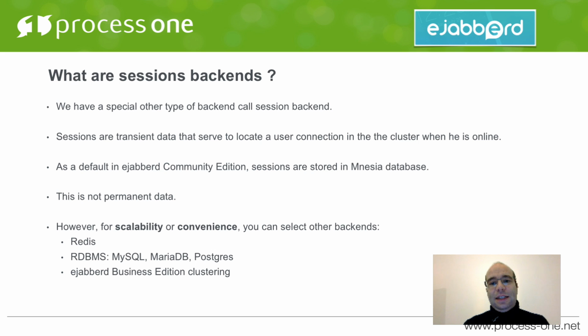But we introduced a way, for scalability or for convenience, to select other backends, despite the fact that this is not transient data. This is something that you may want to consult, for example, if you want to expose that on your website. So you may want to store the session data in MySQL or Postgres, for example.